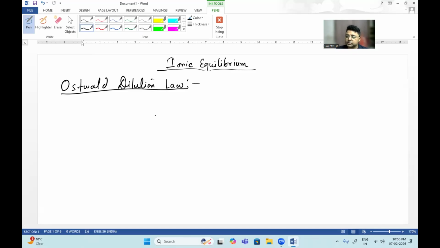For complete dissociation, we know we can calculate the pH as the negative logarithm to the base 10 of the hydrogen ion concentration. But what about the weak acids, where the dissociation is very small compared to the original amount?